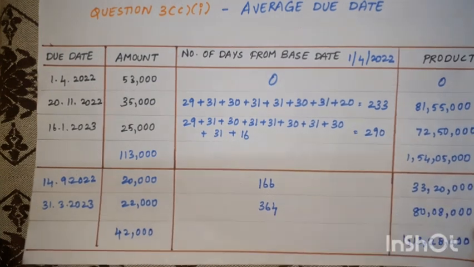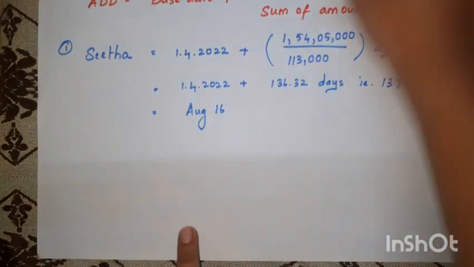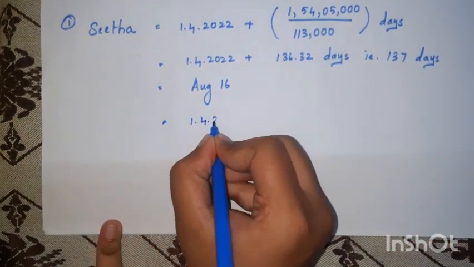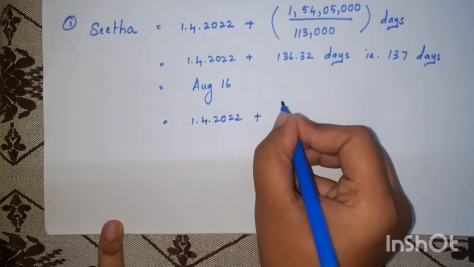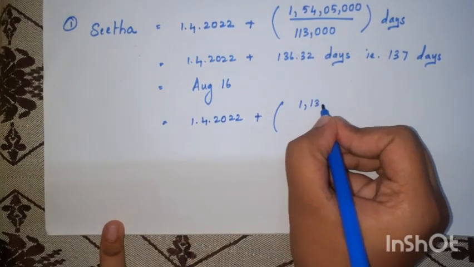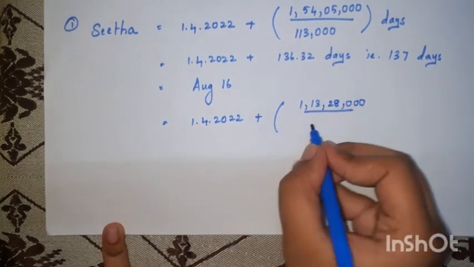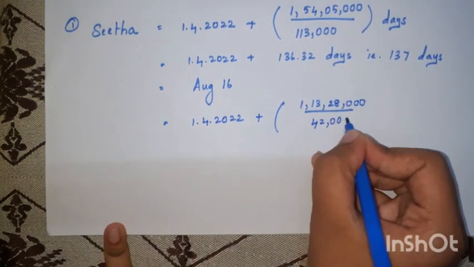In the same way, we have to calculate the average due date. The base date is 1/4/2022. The sum of products is 1,13,28,000. And then the sum of amounts is 42,000.